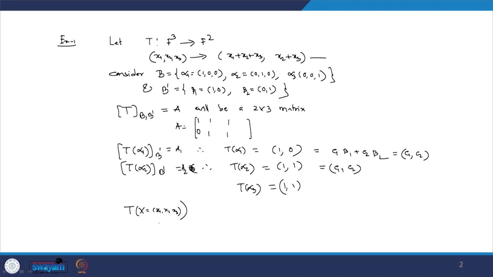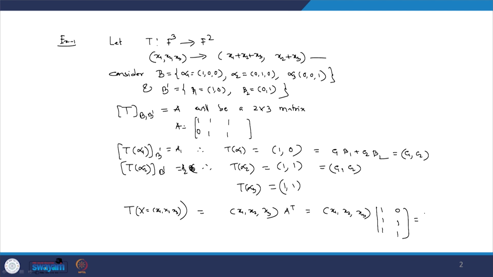This will be equal to (x1, x2, x3) into A transpose. You can check it, this is equal to (x1, x2, x3) into A transpose, that is rows (1, 1, 1) and (0, 1, 1).